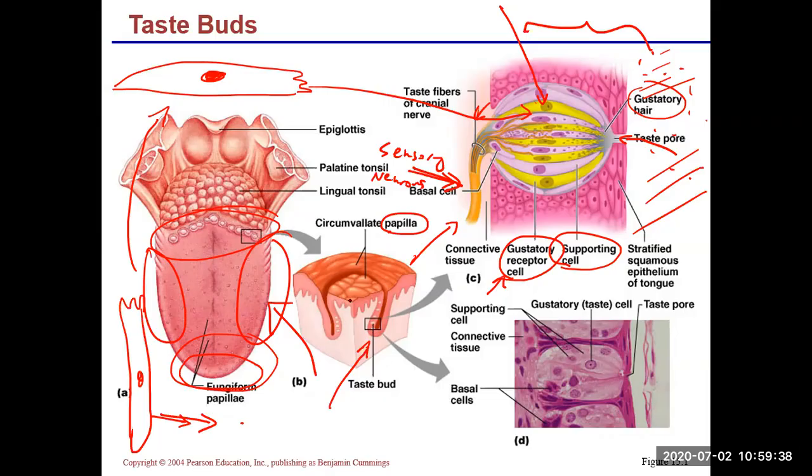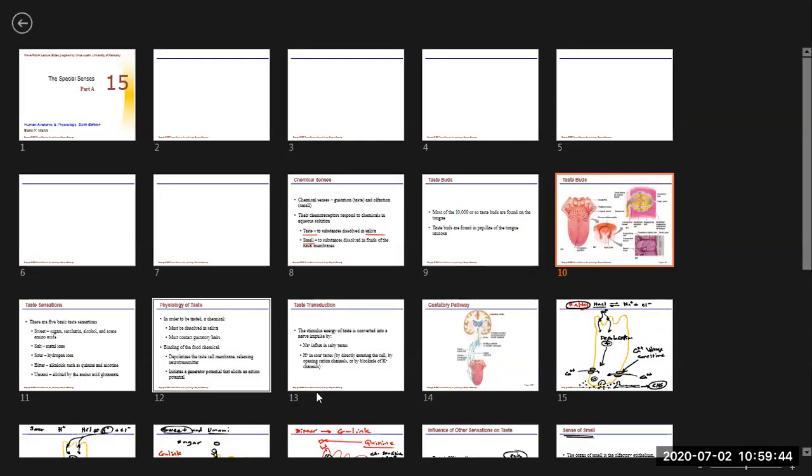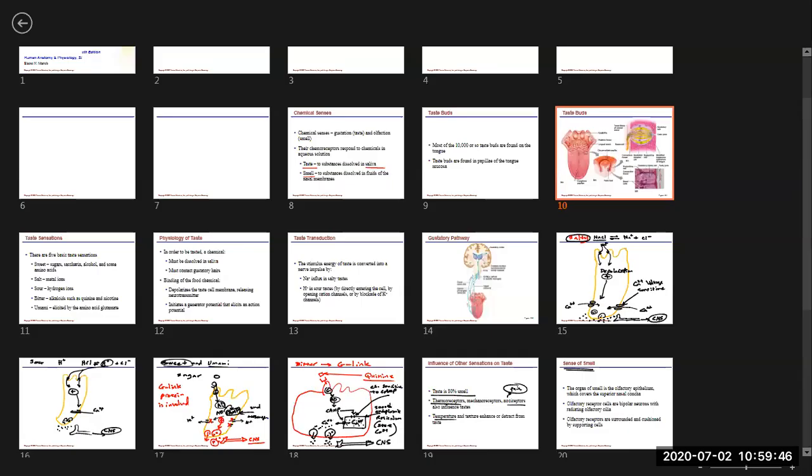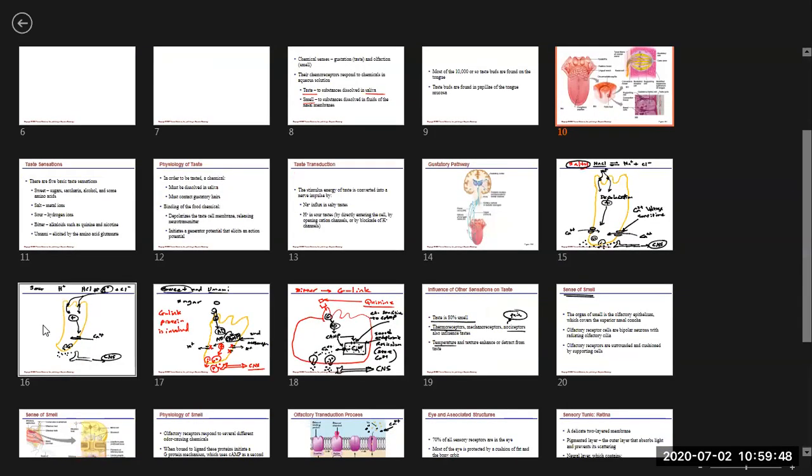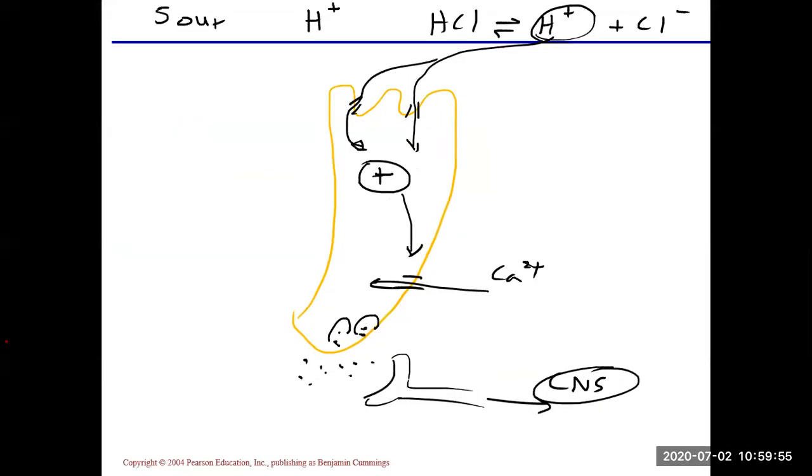So again, we have all these receptors all over your tongue. What about the other ones? Let's go ahead and take a look at the next one, which happens to be the detection of sour materials, say vinegar or something that is sour, sour cherry, whatever.